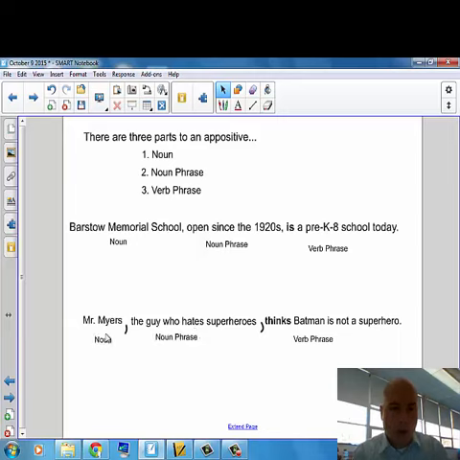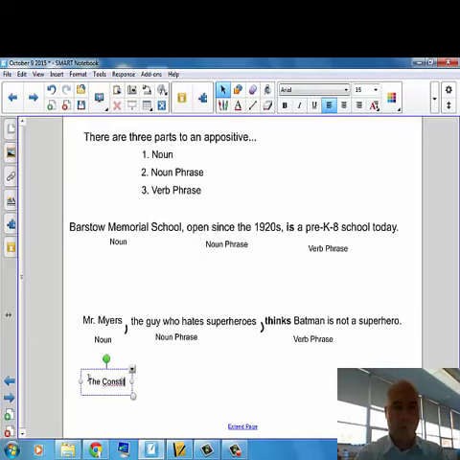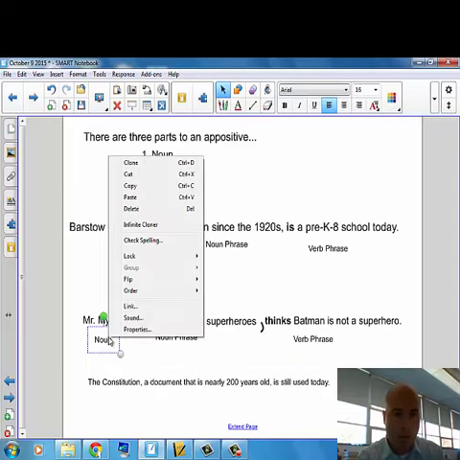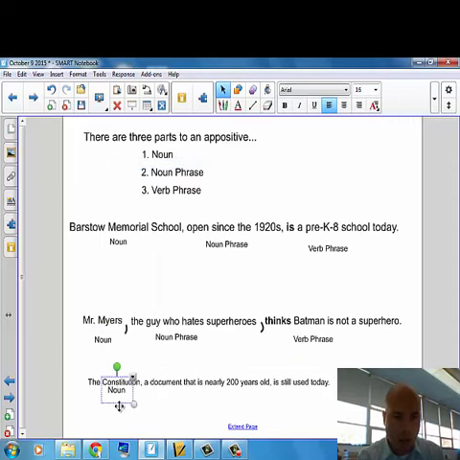That's your noun. So another way to do this is the Constitution, a document that is nearly 200 years old, is still used today. Okay, so I've got my noun, which is the Constitution.